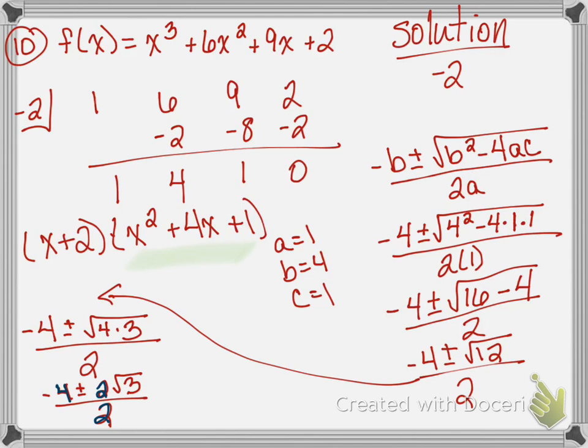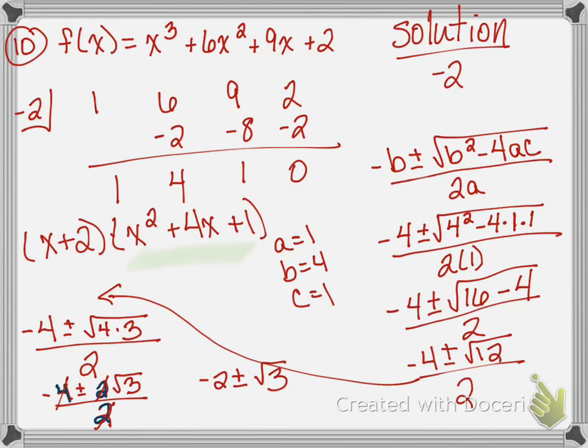And that's going to simplify to negative 2 plus or minus the square root of 3. Okay, so all these kind of canceled out. And so negative 2 plus or minus the square root of 3, this is a real number. Negative 2 plus or minus the square root of 3 is real, but it's irrational.